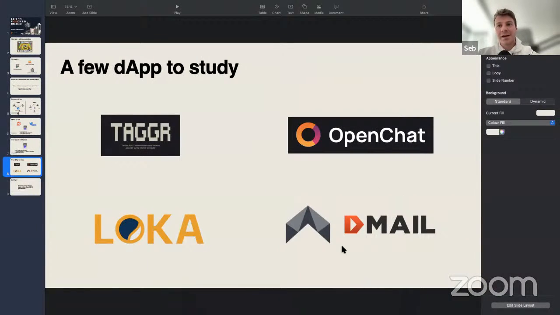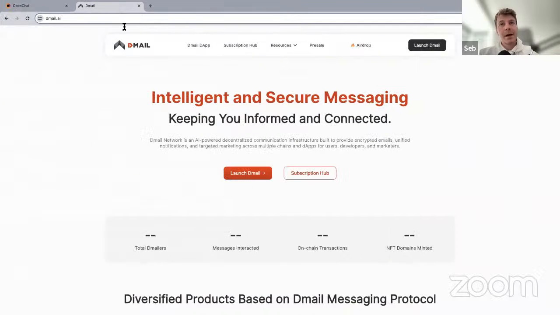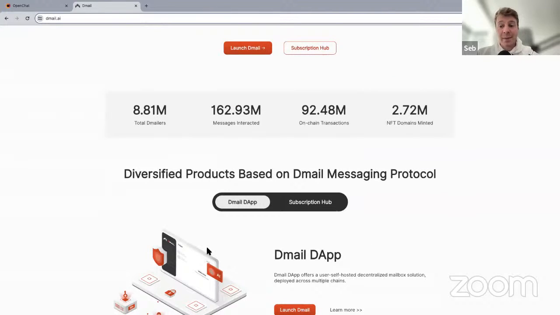The next one is Dmail. So Dmail is an application where I don't have so much insight into how it works under the hood, but the thing is that they've started on ICP and they've expanded to other chains. So this is something where I see a lot of mistakes, I would say, from founders and developers.